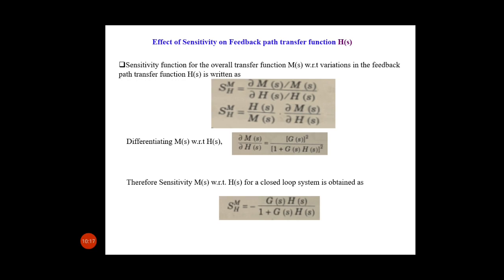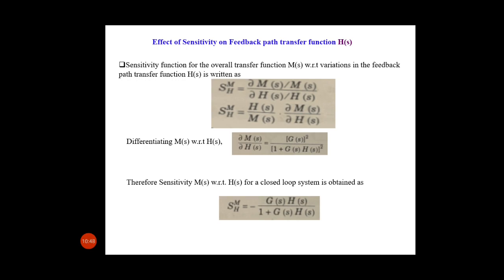The sensitivity function for the overall transfer function M(s) with respect to variation in the feedback path transfer function H(s) is written as S_H^M = (∂M(s)/M(s)) / (∂H(s)/H(s)).